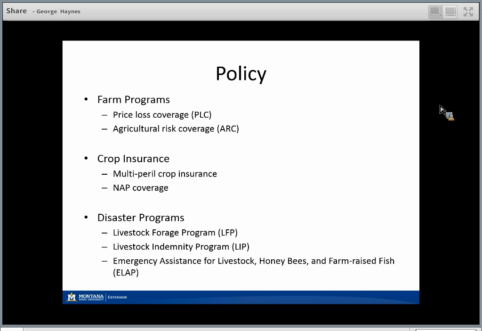When we think about farm programs, I like to think about them in terms of shallow loss programs or shallow insurance programs. That's essentially where they fit. So we have two products that look an awful lot like insurance in terms of the farm program, and obviously crop insurance that someone might buy. The other part is another set of insurance, if you will, but not really insurance in the sense that you're not paying any premiums for it, with NAP coverage, and also with all the disaster program money, because you have the Livestock Forage Program, the Indemnity Program, and the Emergency Assistance or ELAP program that sits behind that to provide this final safety net.